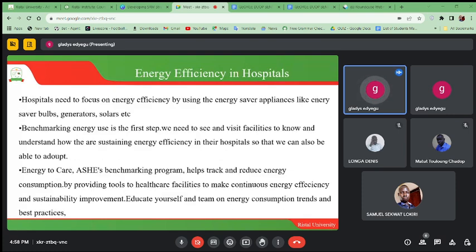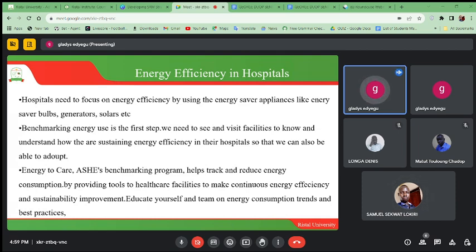We also talked about energy efficiency in the hospitals, and when we talked about energy efficiency, we basically looked at power saving. In this way, I mentioned energy saver bulbs, generators, and solars. So hospitals need to focus on energy efficiency by using energy saver appliances like energy saver bulbs, generators and solars, and other examples that you can list or remember.